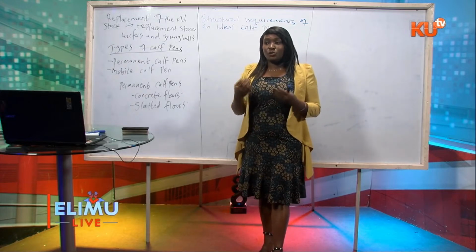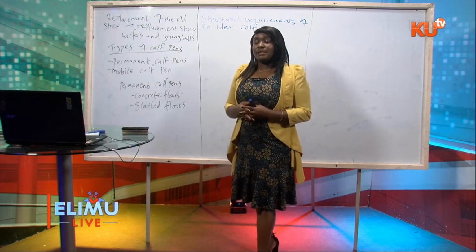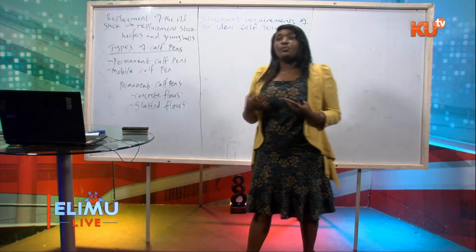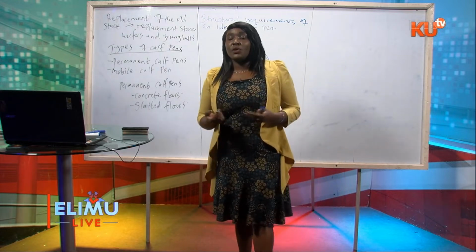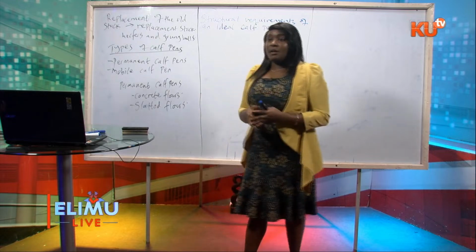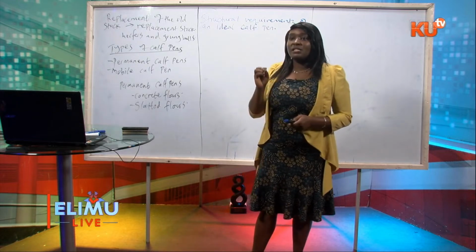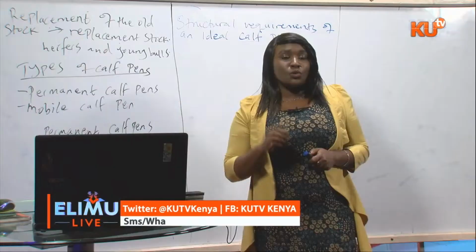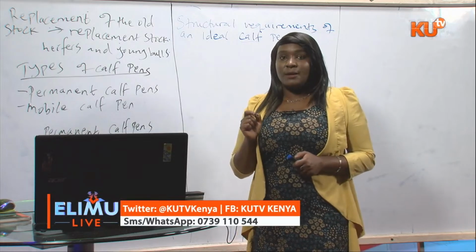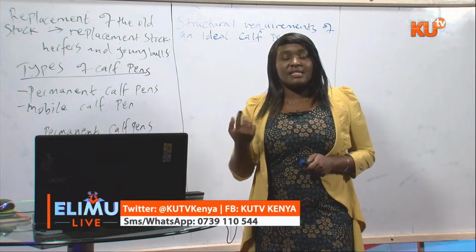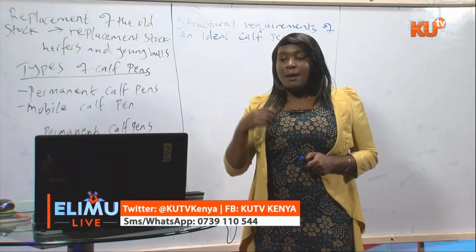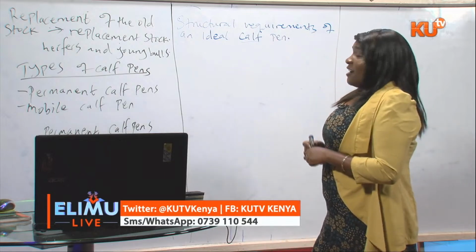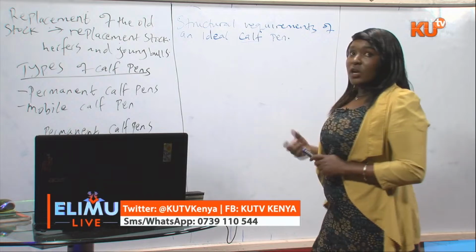A calf pen that is going to serve our animals effectively and efficiently, that is going to boost growth and maturity of these animals, because we want them to reach service age very fast. That is the ultimate goal of a farmer, so that they can be served and start reproducing at the right time. So, structural requirements of an ideal calf pen that will boost production in the farm.